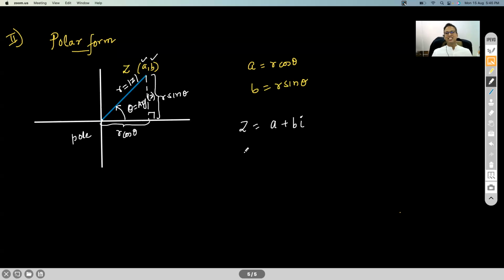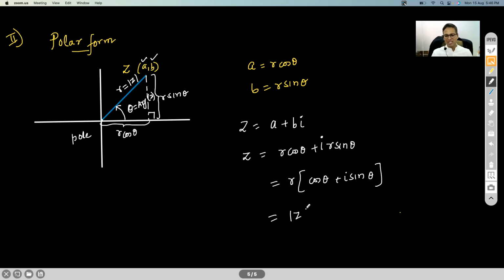Isn't it? So when I write it in form of R and theta, this is what I am going to see. Correct? So take this R common, write it like this. Okay. And what's your R? R is modulus. And what's your theta? Theta is the argument. Right?